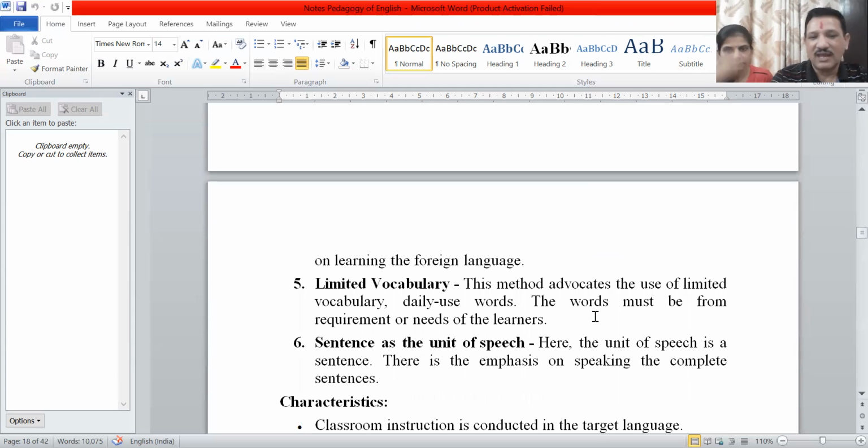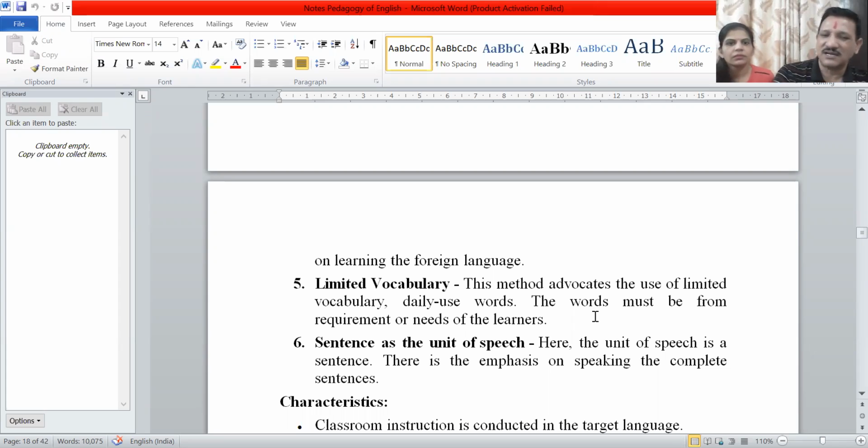Then fifth is limited vocabulary. This method advocates the use of limited vocabulary, daily use words. If we say that we need a treasure of words, it's not necessary. Whatever we do throughout the day, the words which we use, we have to keep in our mind and use them.